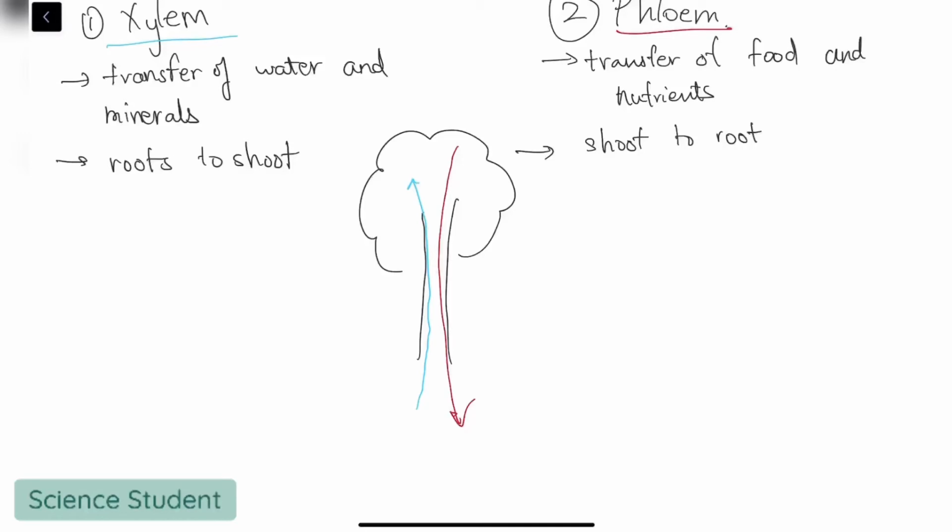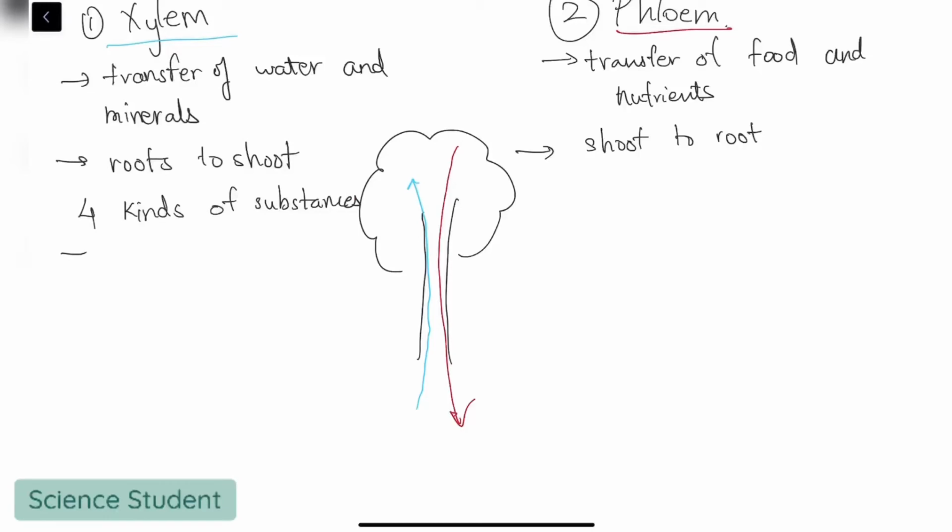Now xylem are made up of four kinds of, we can say cells and tissues, or we can directly say four kinds of substances.